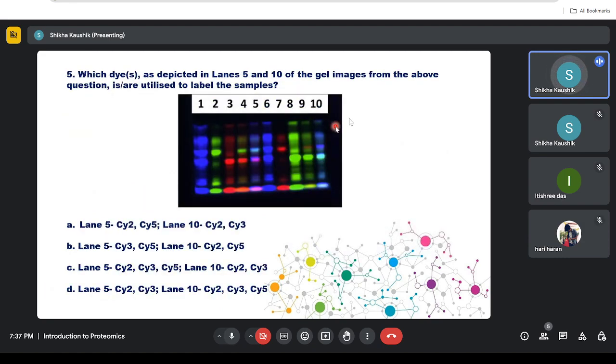Then which dyes depicted in lane 5 and 10 of the gel image from the above question are utilized to label the sample? So the dye which is present in 5 and 10, वो किसका additive effect होगा? Because definitely it's an additive effect. So lane 5 में क्या है और lane 10 में क्या है?